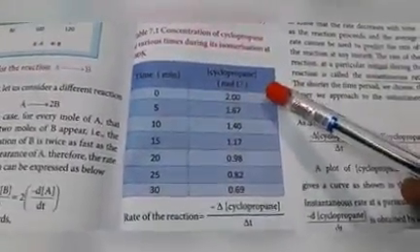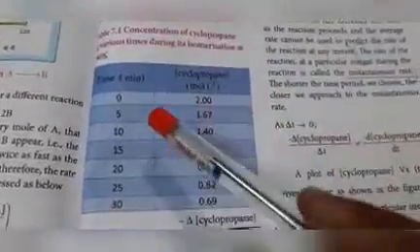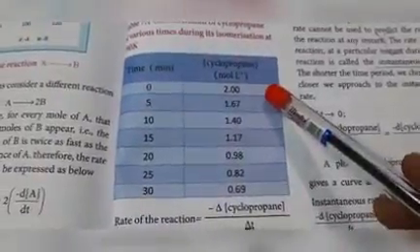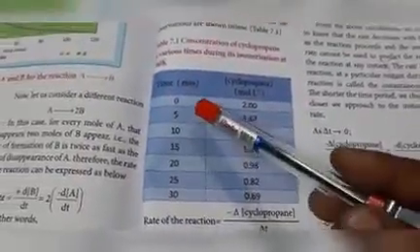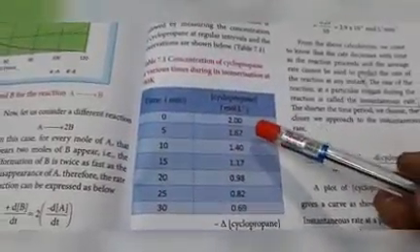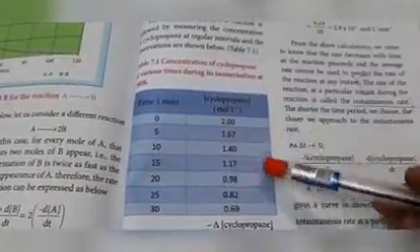So in this table the concentration of the reactant is given with the time. Initially at time t equal to 0, the reactant concentration is 2 moles per liter. If reaction proceeds, every 5 minutes the concentration of the reactant is measured, and from that data we can understand the concentration of the reactant is decreased while reaction proceeds.